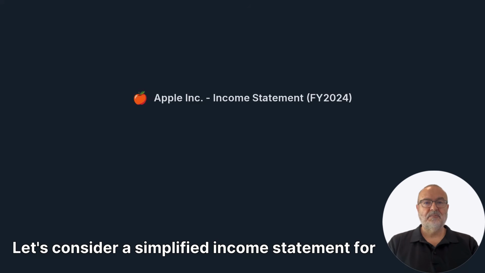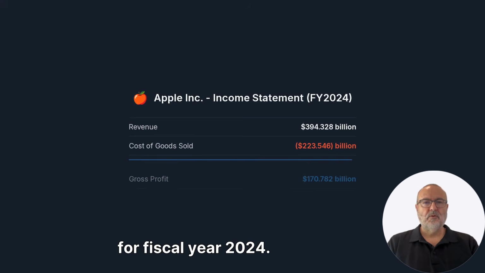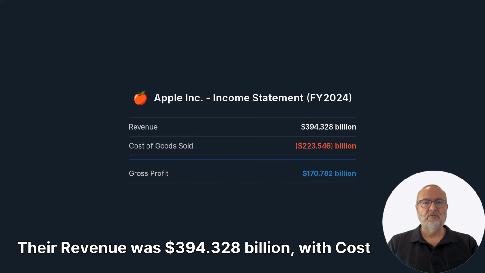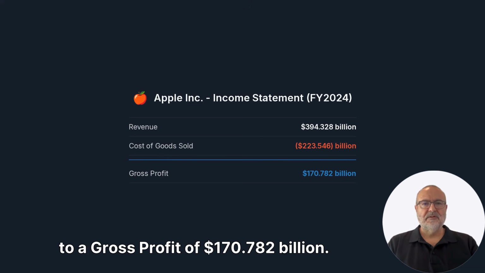Let's consider a simplified income statement for Apple Inc. for fiscal year 2024. Their revenue was $394.328 billion, with cost of goods sold at $223.546 billion, leading to a gross profit of $170.782 billion.